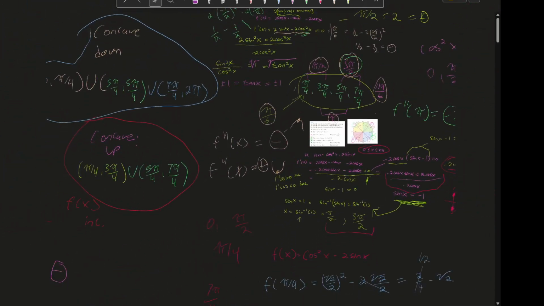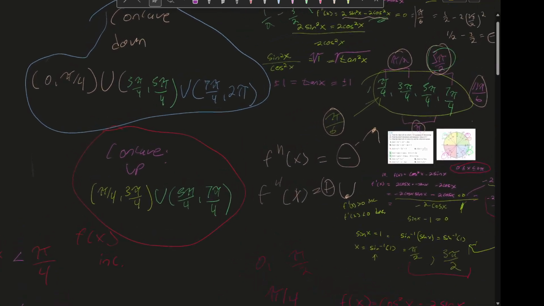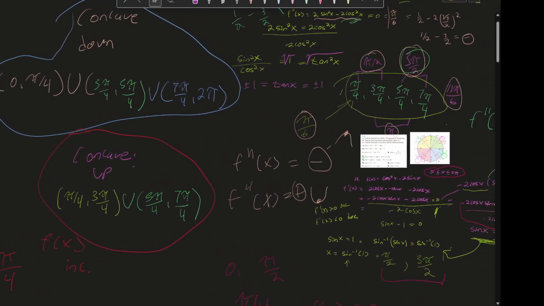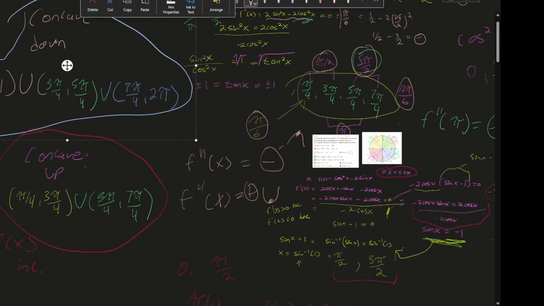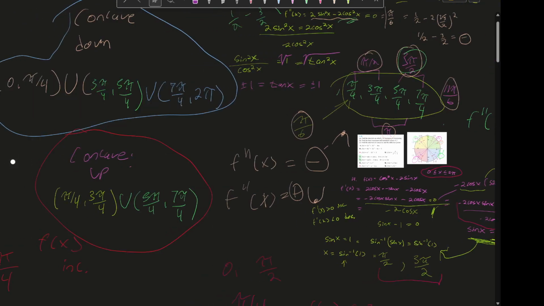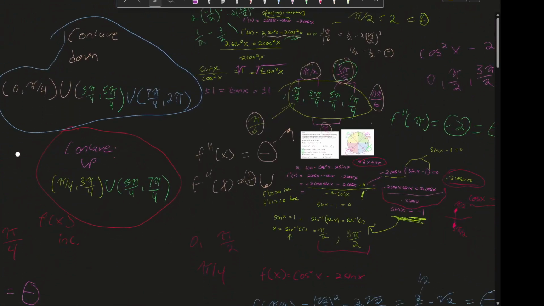Find the intervals of concavity and the inflection points. I'm going to make this quick and easy on you. Since it was alternating, as you went in order of these reference angles, it kept switching between concave down and concave up. So every single one of these is going to be an inflection point.